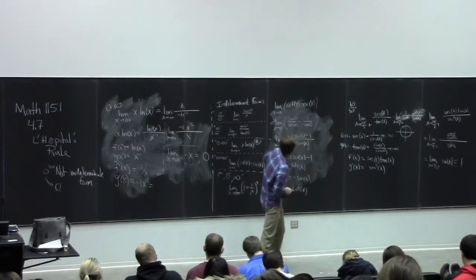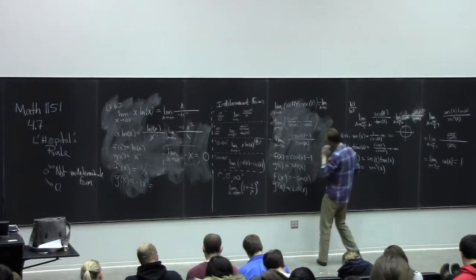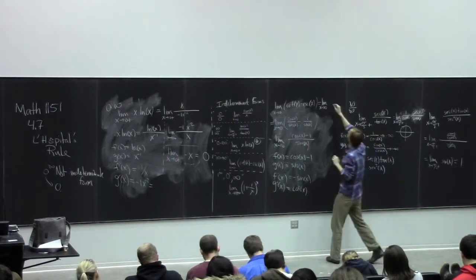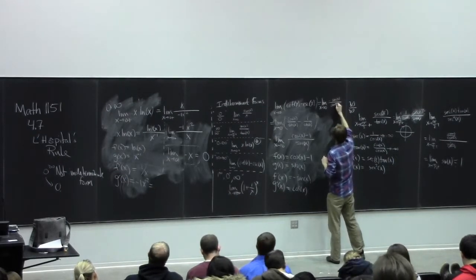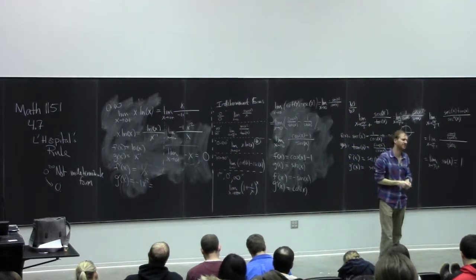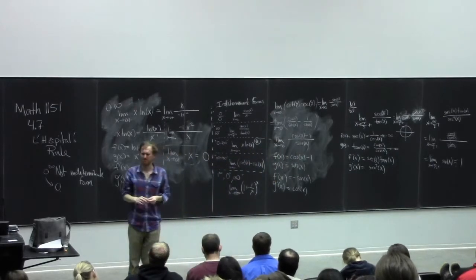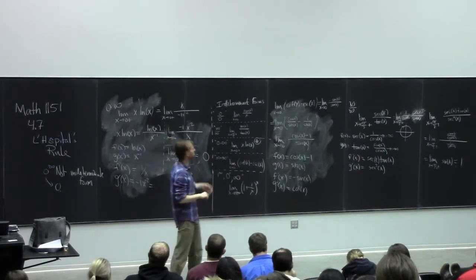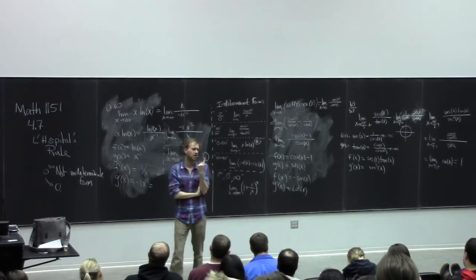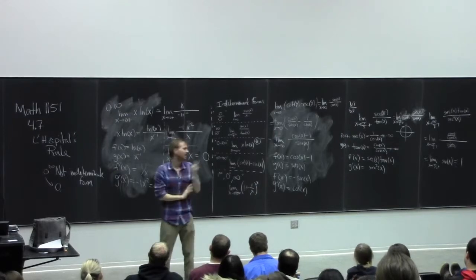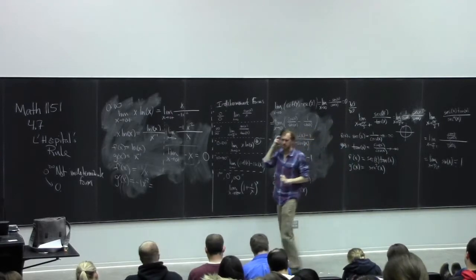So this limit is equal to the limit as x goes to 0 of minus sine of x over cosine of x. You might be tempted to convert this into negative tangent right away. Don't do it. There's no point. Instead, ask what happens as cosine goes to 0? You get 1. What happens as sine goes to 0? You get 0. So this whole thing is equal to 0.